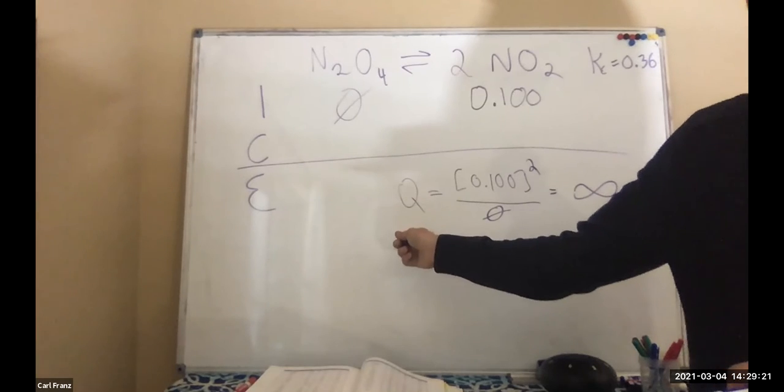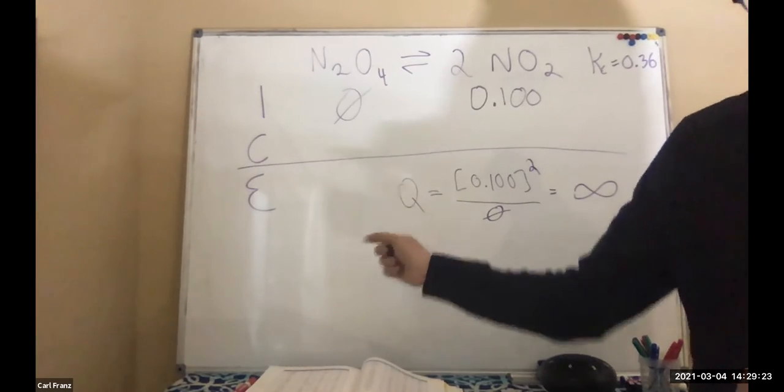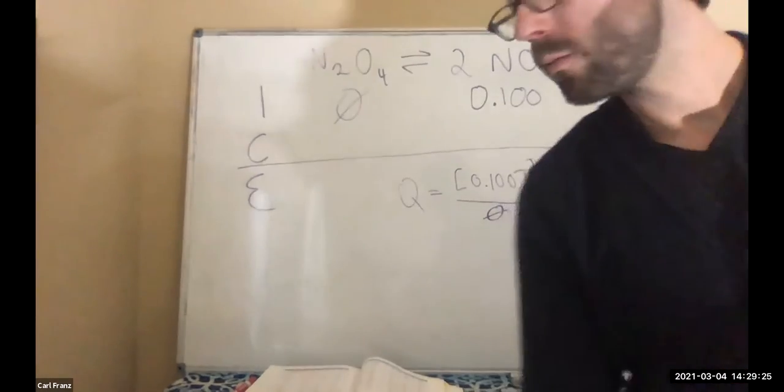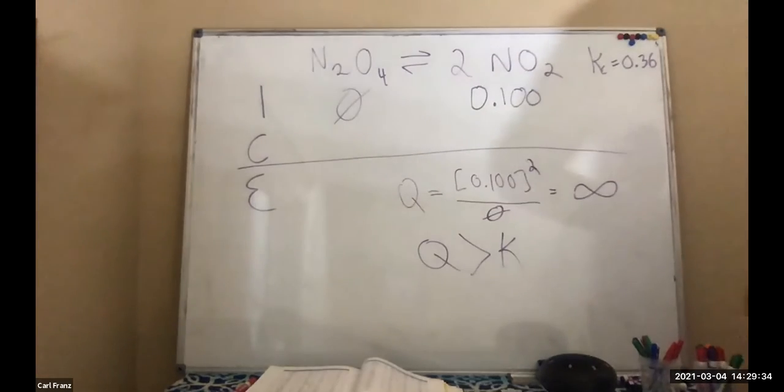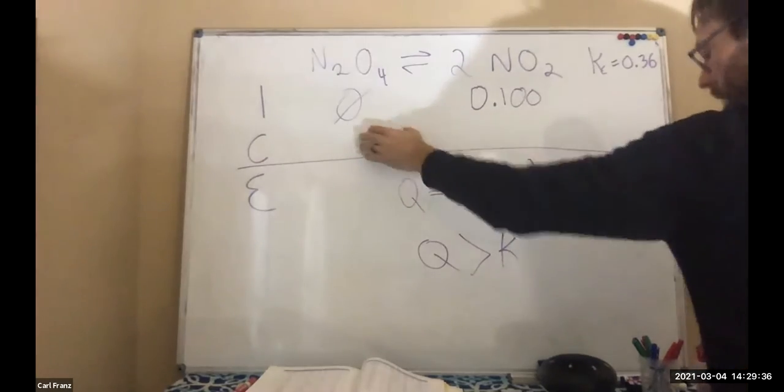So which way does the reaction proceed? To the reactants. Yes, Q is greater than K, so it's going to go this way. So the change is going to leave here and go there.